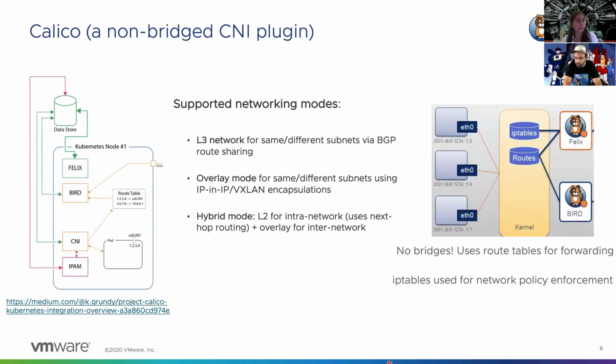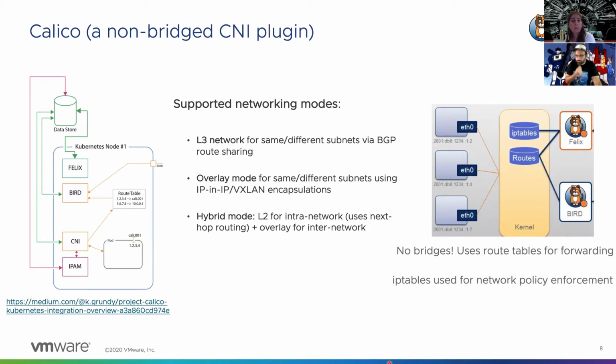It also has three networking flavors. It supports pure layer 3 networking where traffic is not encapsulated. For this, it uses BGP route sharing, and the underlying network needs to support BGP as well and set up underlying routes accordingly. Otherwise, this is not an option.